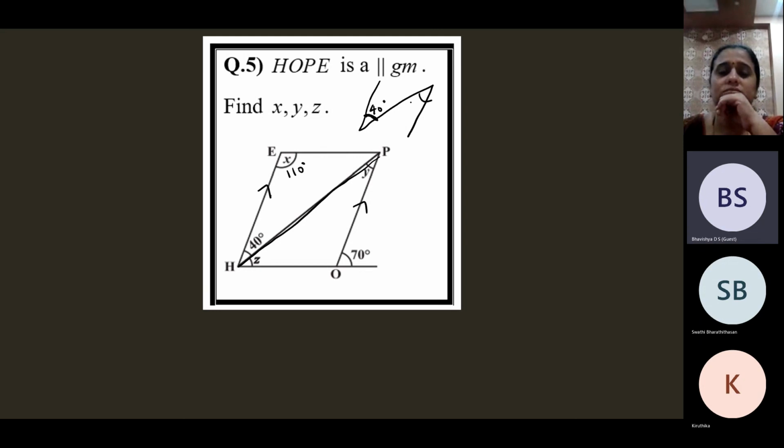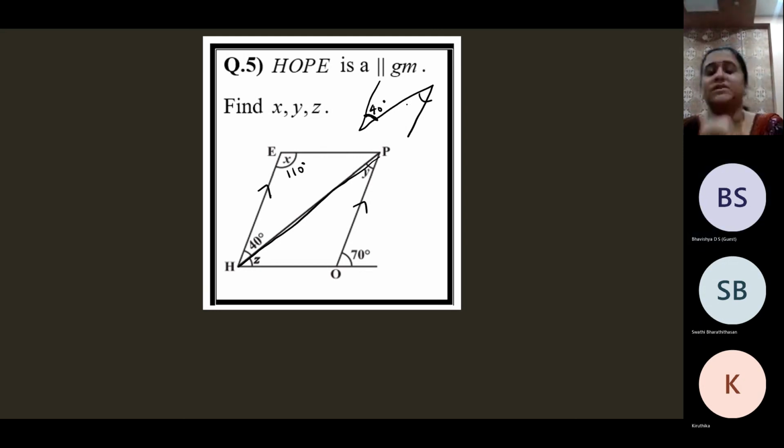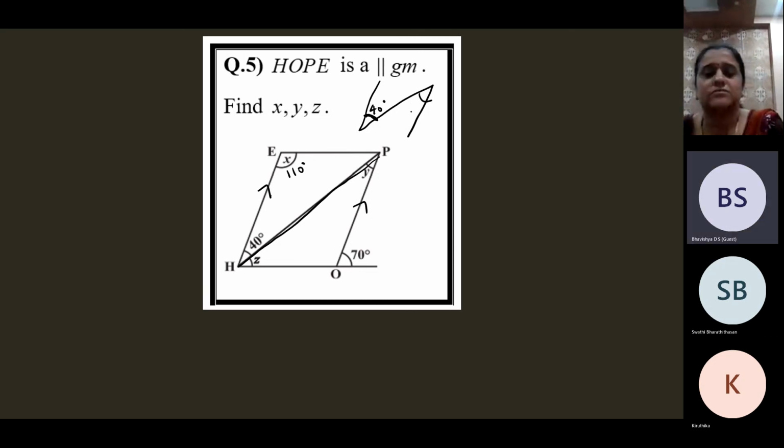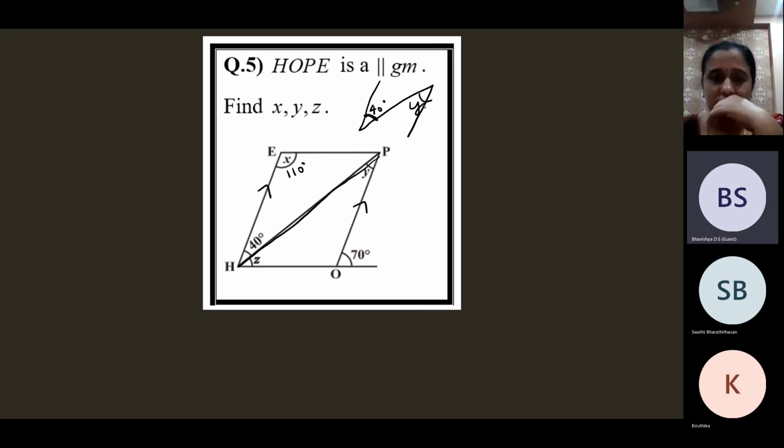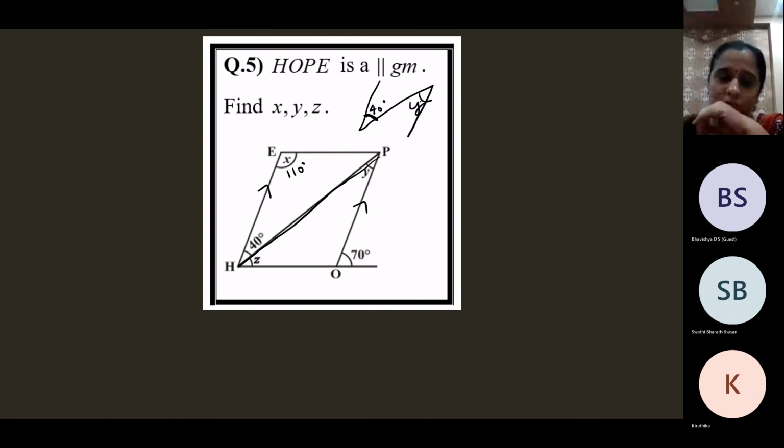And what angle do you have here? Ma'am, the same 40 degrees, because it is an alternate interior angle. What is marked in the figure? Ma'am, Y. Now tell me how much is Y? Ma'am, Y is 40 degrees. Reason? Because alternate angles are equal. Alternate angles are equal. Very good.